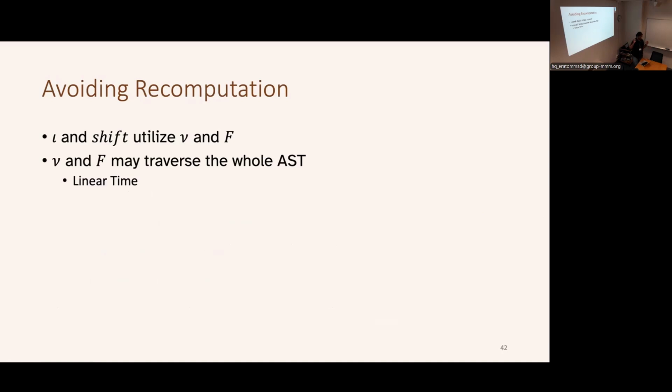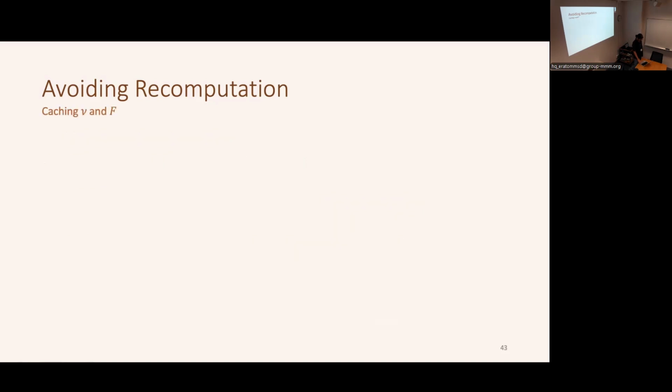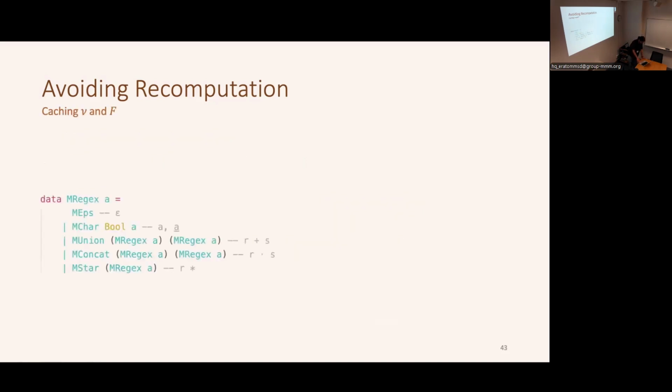So if iota and shift compute them repeatedly, then they might take quadratic time, and we do not want this. So the solution is, instead of computing them again and again, we will add this information to the data structure. And this is a relatively easy trick.